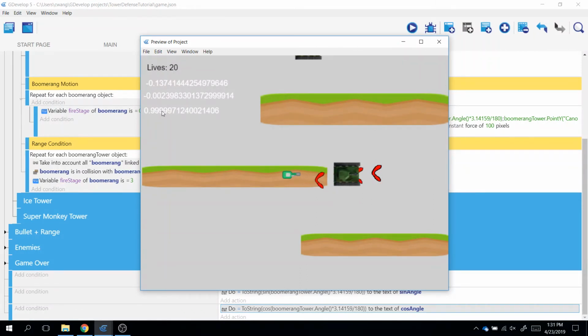We see right here, sine of 0 is about 0. Then we go to -90 angle. Sine of -90 is about -1, cosine of -90 is about 0. Right here, sine of 180 is about 0, cosine is about -1. Cosine of 90 is about 0, sine is about 1. Awesome. We fixed our angles and we got everything to work.